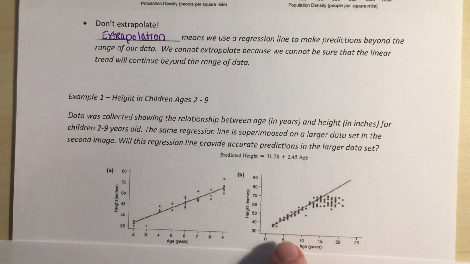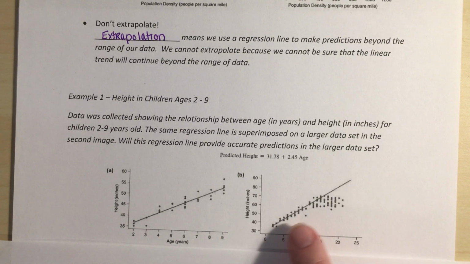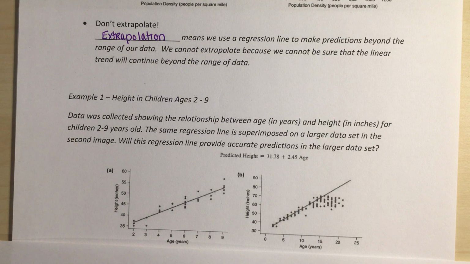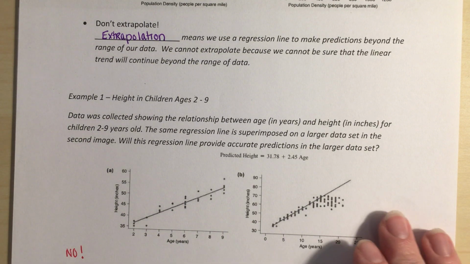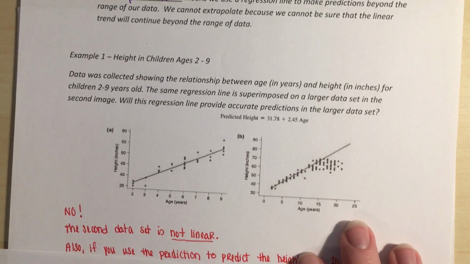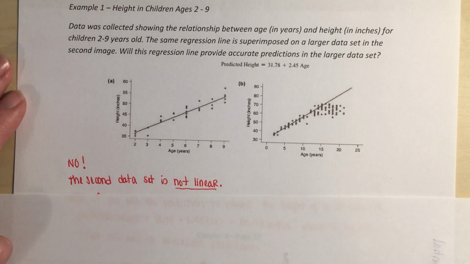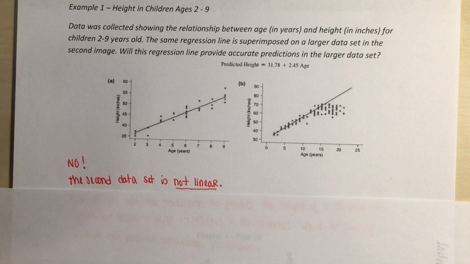Our data set starts increasing in our original data set, but then it tapers off. So will this regression line provide accurate predictions in the larger data set? We're going to say no, because our second data set is not linear. It increases to start with, and then it tapers off, it flattens out.